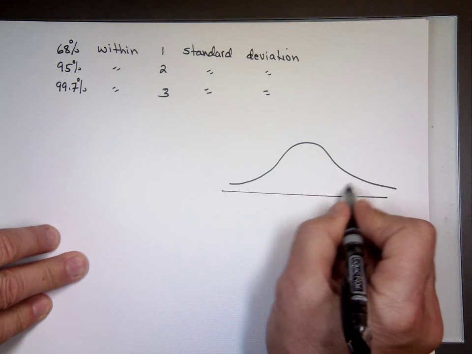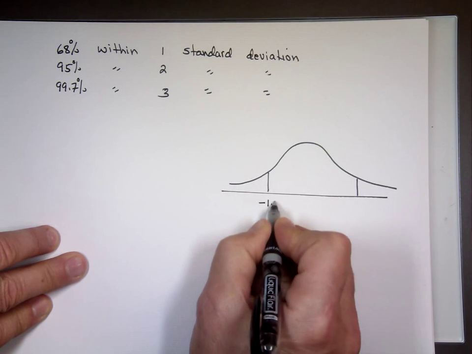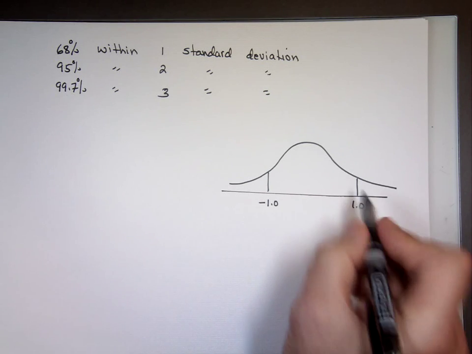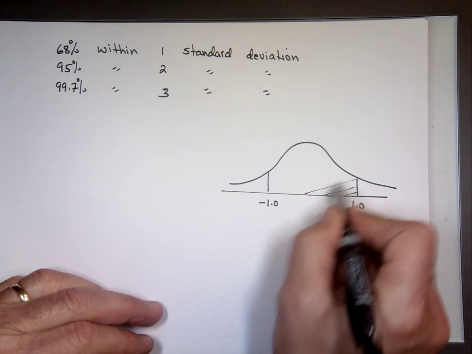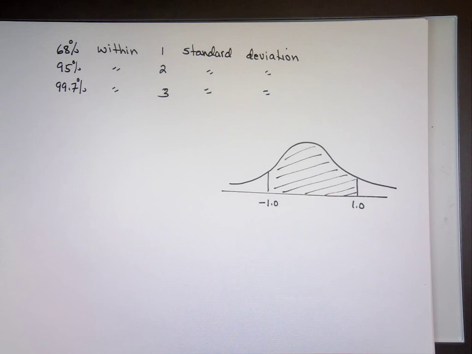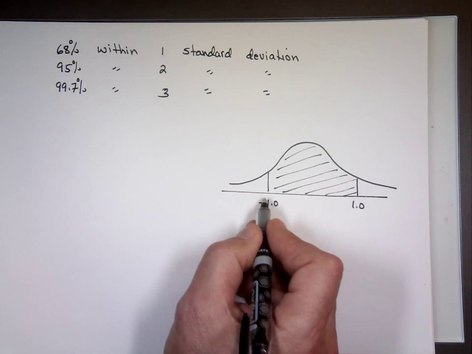Can you tell me what is the area between 1 and minus 1? What is the area between these two? This is within one standard deviation. Notice between minus 1 and 1.